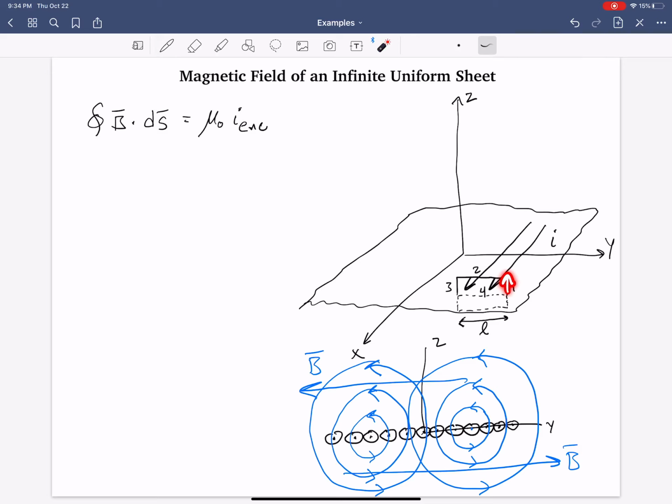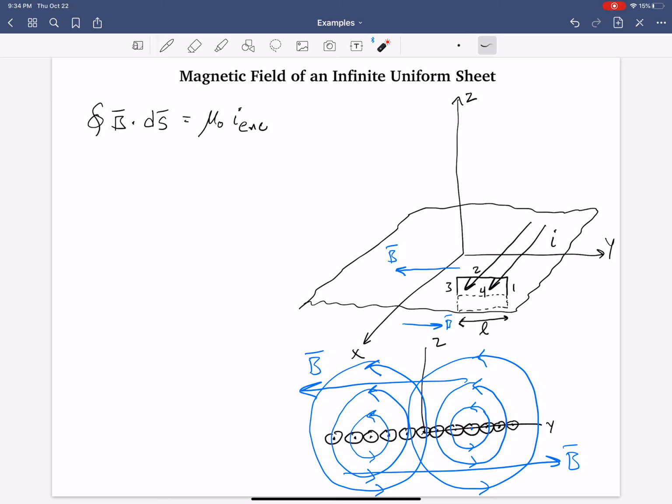So that ds is actually perpendicular to the magnetic field direction, which from my diagram below, magnetic field was going in the minus y hat direction, and below it's going in the plus y hat direction. So therefore, in section 1 here, ds is going in the plus z direction. So that's perpendicular. That does not contribute.